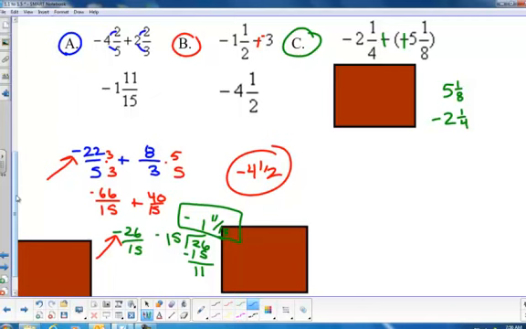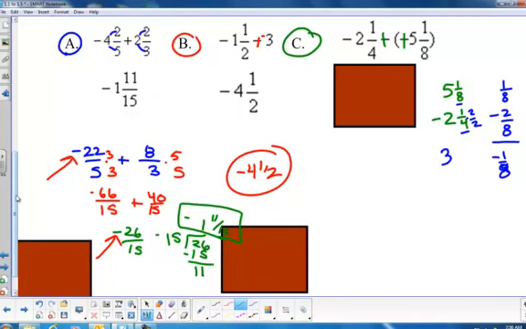5 minus 2 is 3. And this would need to be a common denominator as the 8. So I would multiply it by 2. So I have a 1/8, and I'm subtracting a 2/8. So I get a negative 1/8. So this is kind of like 3 minus 1/8.